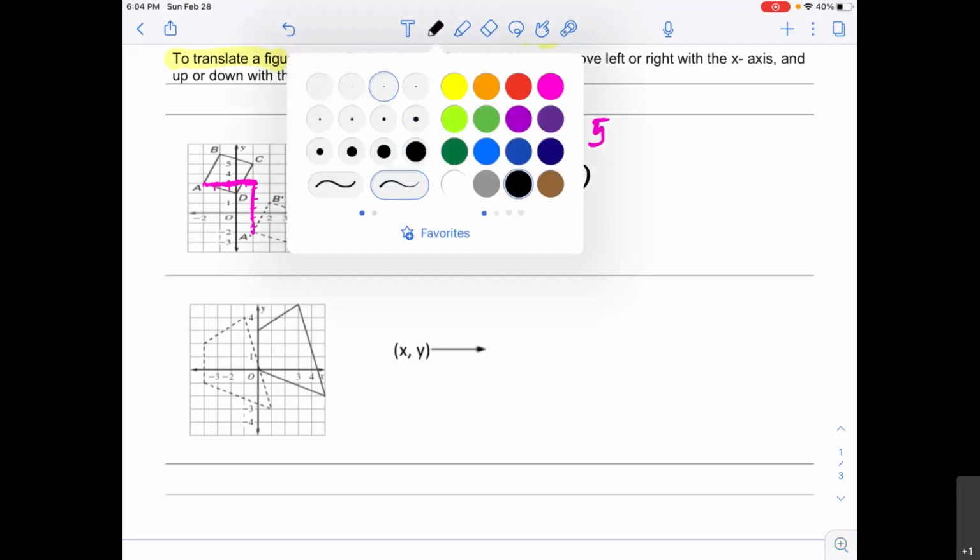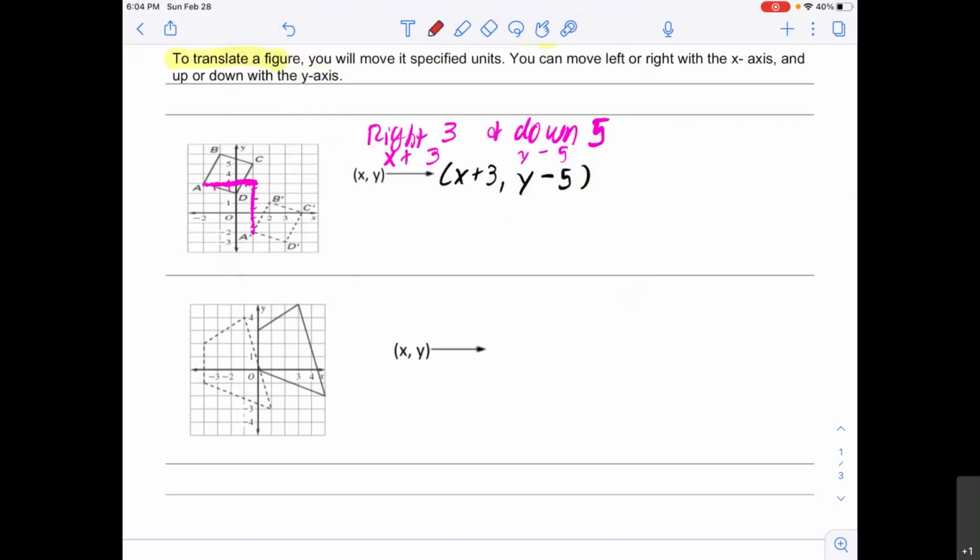And if I looked at every single point, if I looked at B, for example, to the right 3 and down 5, I end up at B prime. Same thing with C and same thing with D. All of them moved the exact same. They all moved to the right 3, or x plus 3, and down 5, or y minus 5. So this is how we write the rule for a translation.